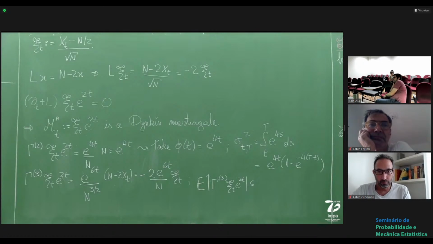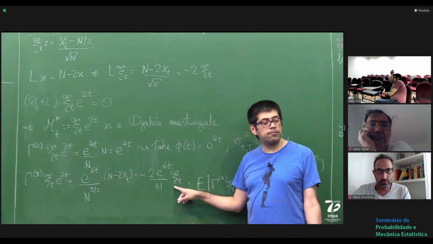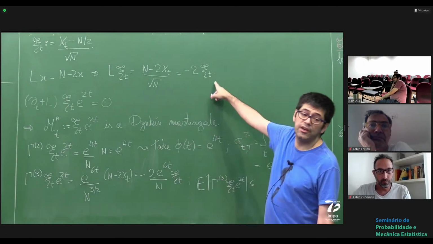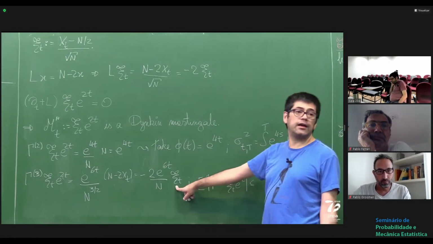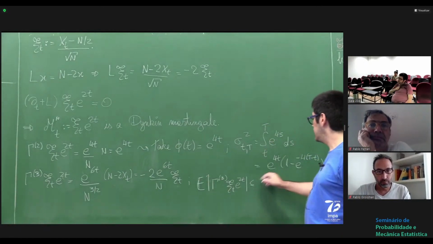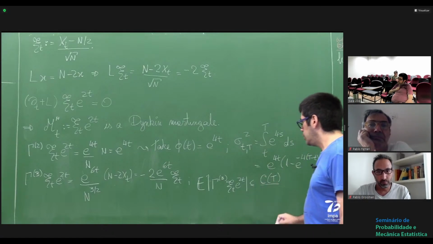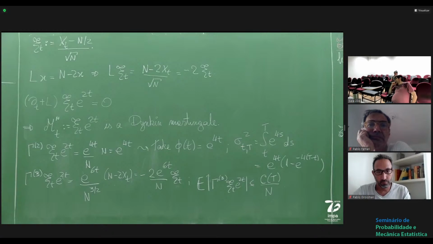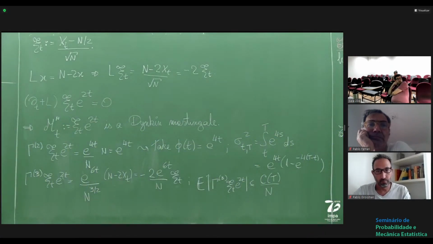It's not difficult to show that the moments of psi t are bounded. Or it actually follows from this equation here. So I'm just going to assume that this guy has a bounded moment. So this means that this is going to be smaller than a constant that depends on t. I'm not going to enter into the merits of what is the constant that goes here. You can carry out the dependence in t.